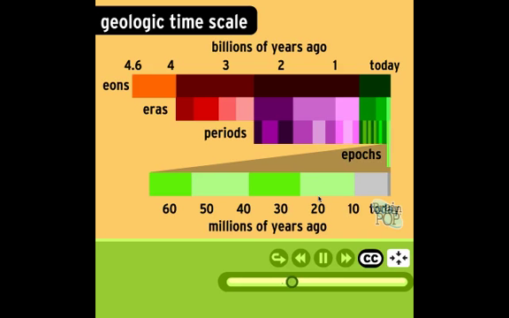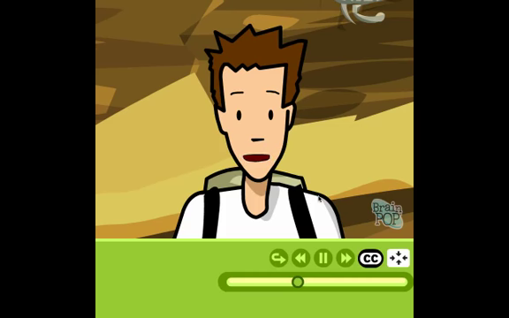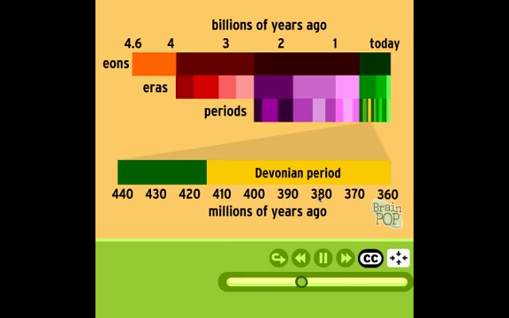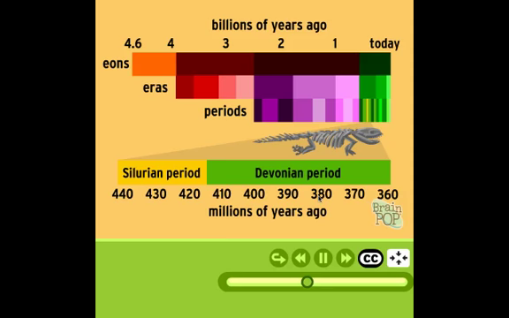The actual length of each unit depends on what geologic changes occurred in it. Like, one eon could contain a single era that's longer than another. For example, the Devonian period, when amphibians first evolved, lasted about 50 to 55 million years, while the Silurian period, which saw the first jawed fish, lasted fewer than 30 million years.